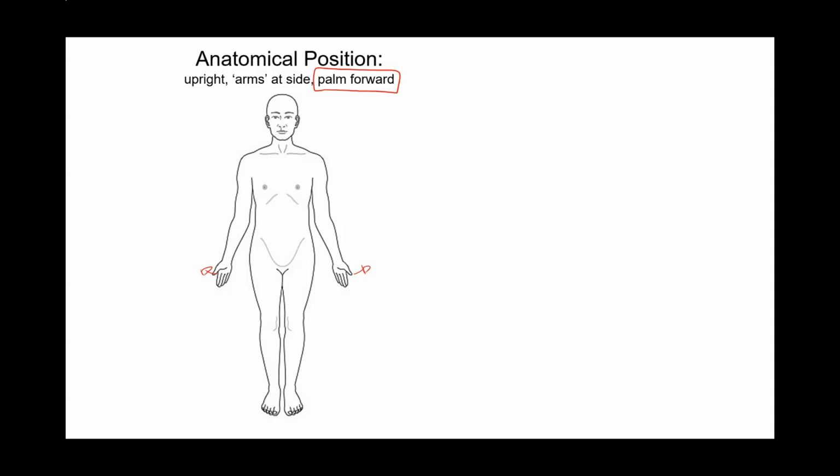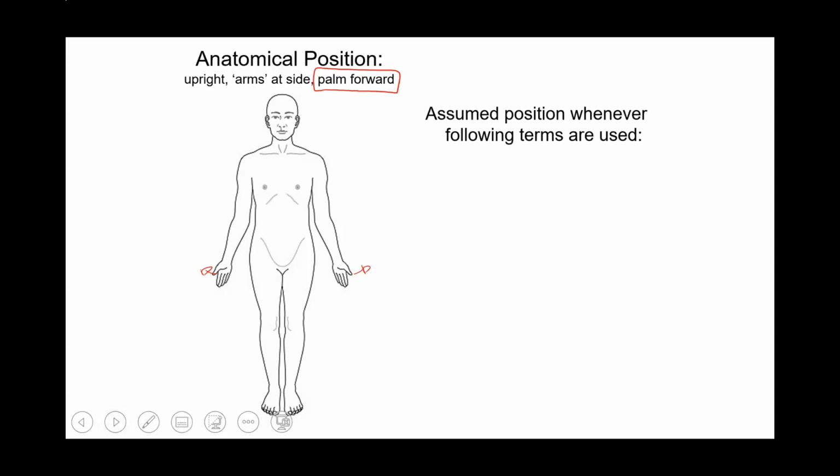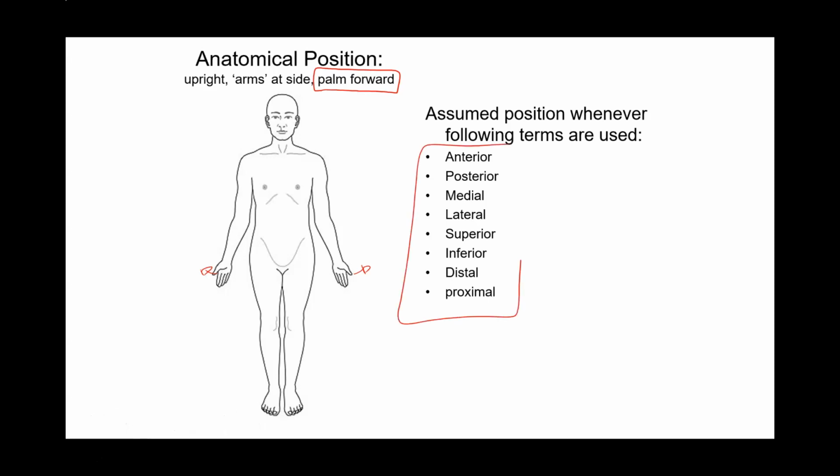Now, anatomical position is important because this is the position we assume a body is in whenever we use this set of terminology. These terms, and you might be familiar with some, if not all of them already, are terms of position and location. They are used to describe the location of anatomical parts. Whenever we use these terms here in this red box, we use them as if the body is in anatomical position.